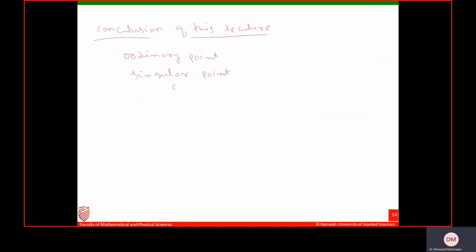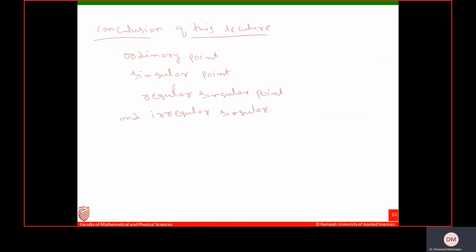This singular point, again we studied regular singular point and irregular singular point.